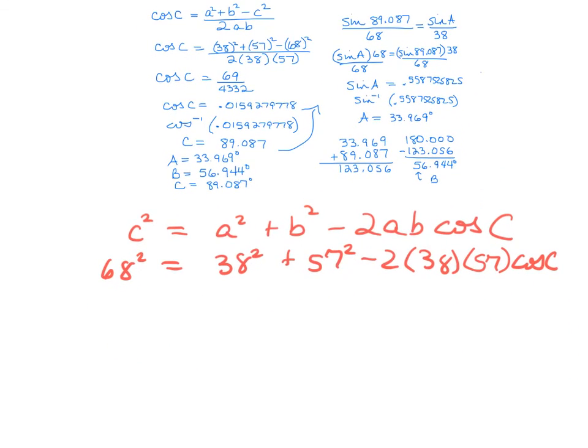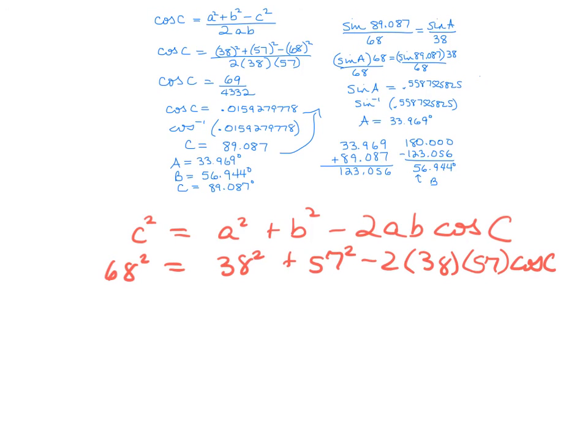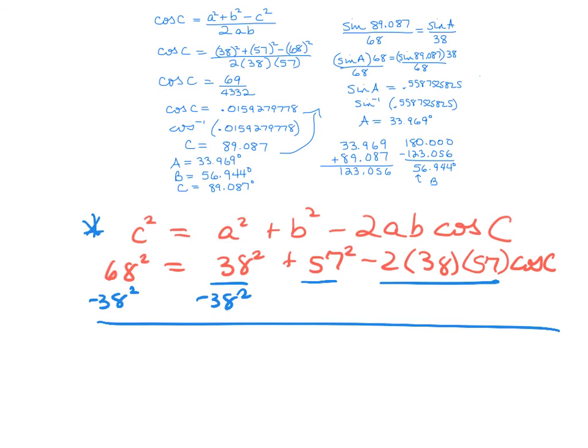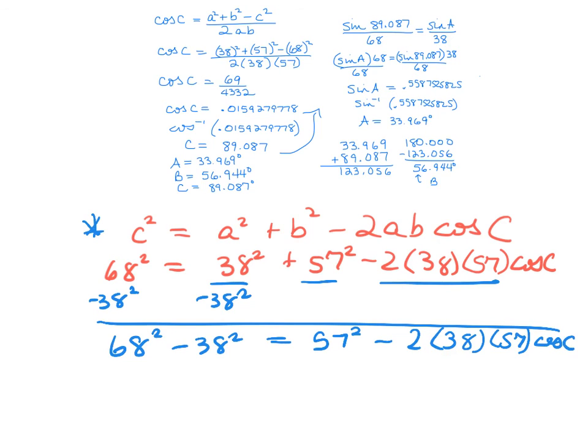Now, the biggest mistake that I see students make is they square this, and do these three, and they think they can simplify all this. If you do that, you're going to get it wrong. What you need to do if you're going to work with it like this is move this over. You could square it ahead of time, and you get 68 squared minus 38 squared equals 57 squared minus 2 times 38 times 57 times cosine c.